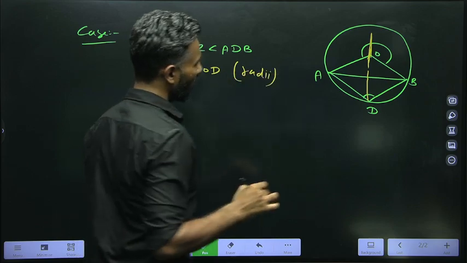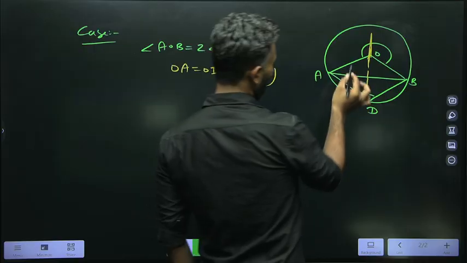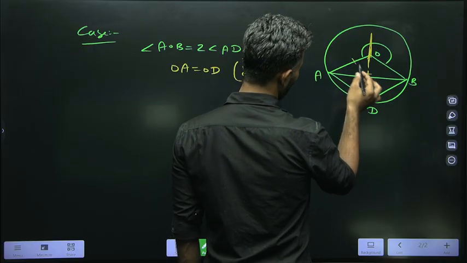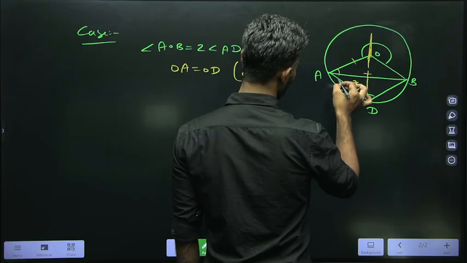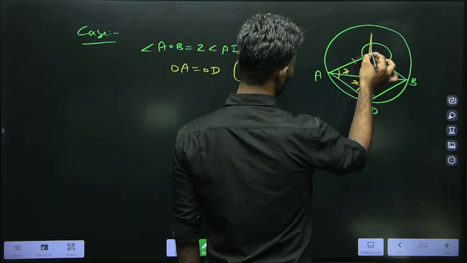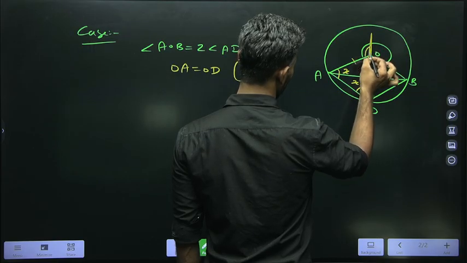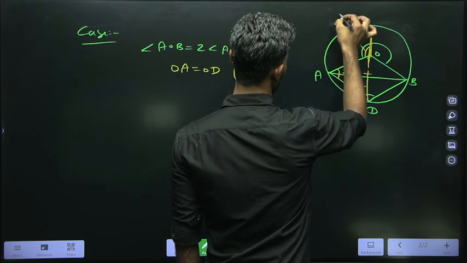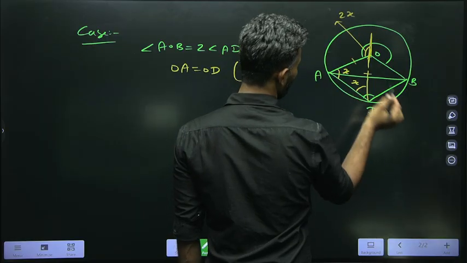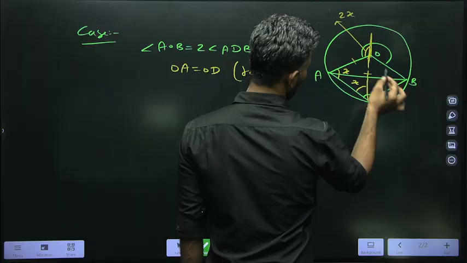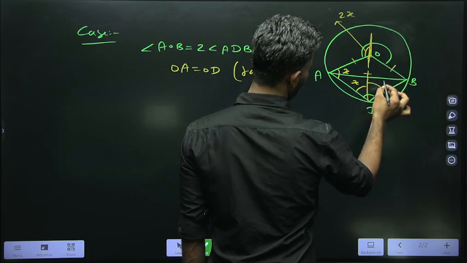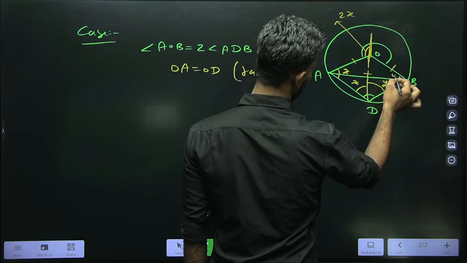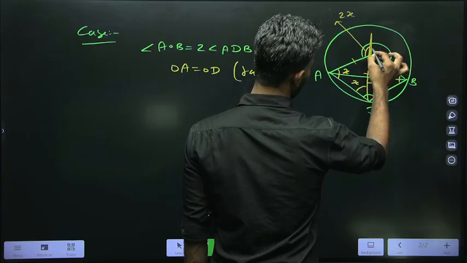Now if OA is equal to OD, then opposite angles, this angle is x and this will also be x. In the same way, this outer portion will be equal to 2x. In the same way, OD is equal to OB. If this angle is y, then this will be y.